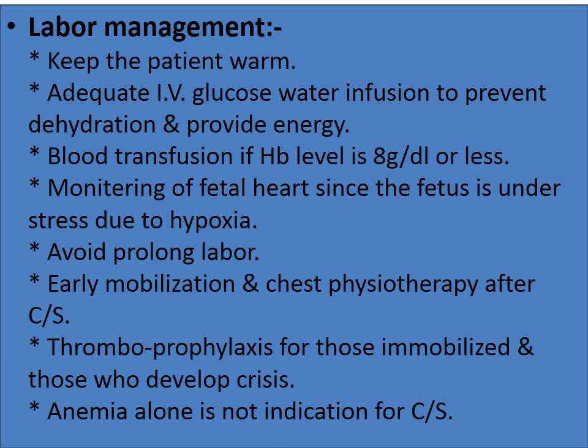Monitoring of fetal heart since the fetus is under stress due to hypoxia. Avoid prolonged labor. Early mobilization and chest physiotherapy after cesarean section. Thromboprophylaxis for those immobilized and those who develop a crisis. Anemia alone is not an indication for cesarean section.